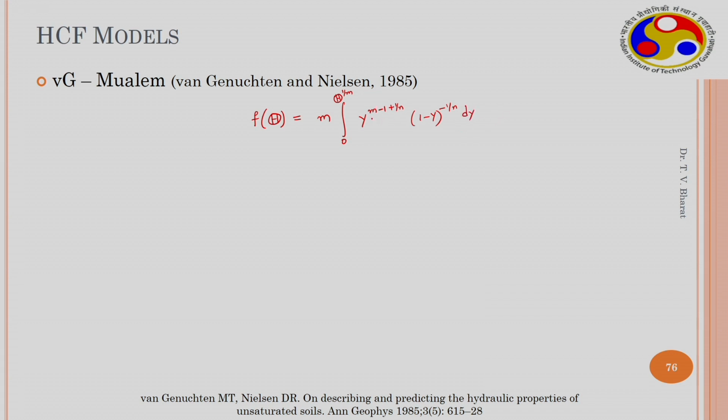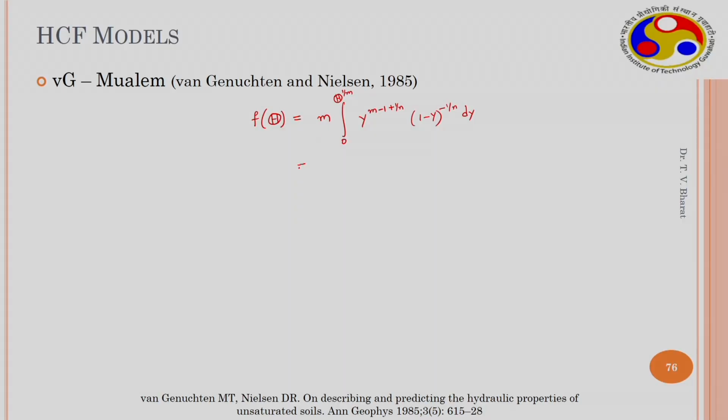So, here we assumed m minus 1 plus 1 by n is equal to either 0, 1, etc., and then we derived analytical solutions, but this general form can be expressed as m times the incomplete beta function of some zeta parameter, p, q, and the complete beta function B of p, q.